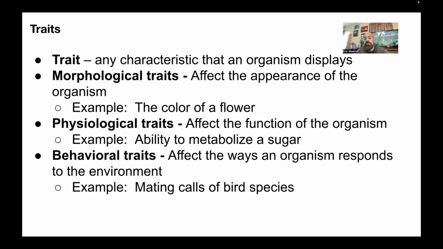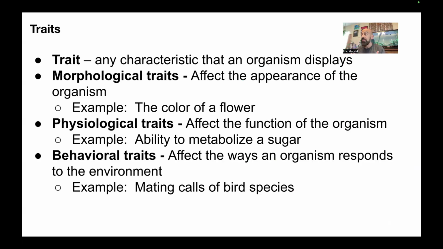And then when we talk about traits, there's different types of traits. The category of trait that it is also is informative of what must have occurred at the molecular level to produce that trait. And so we can have morphological traits. Those are traits that affect the appearance of an organism. It's going to look different. Physiological traits, where maybe you've got two organisms that look exactly the same, but something is different about their physiology.